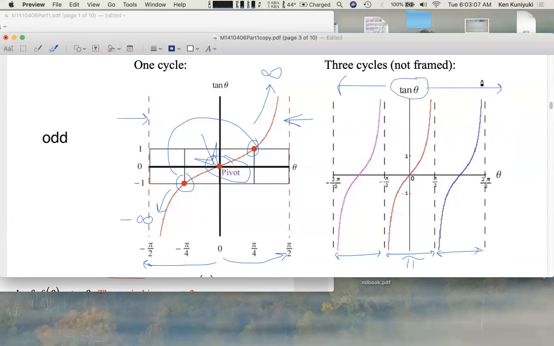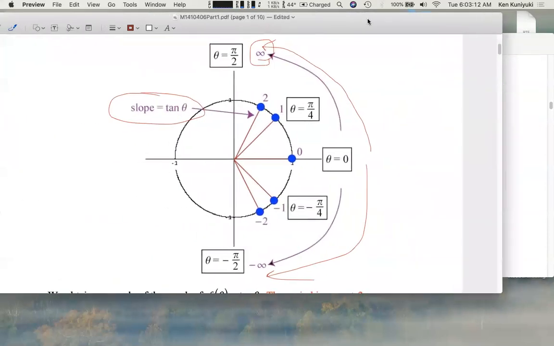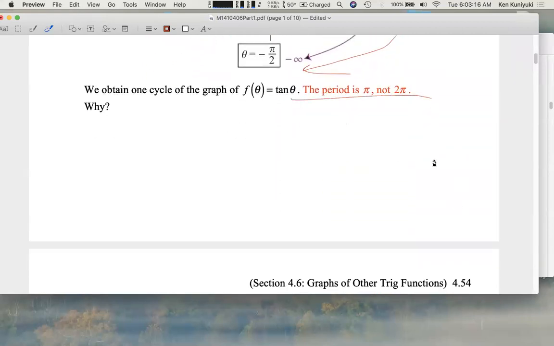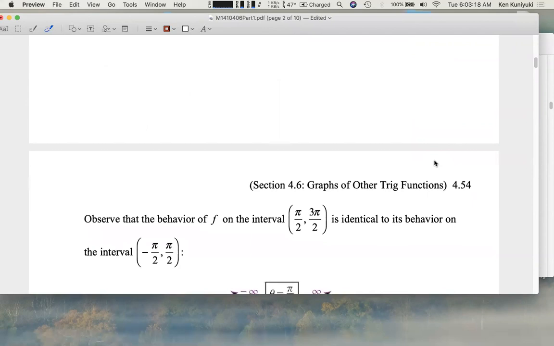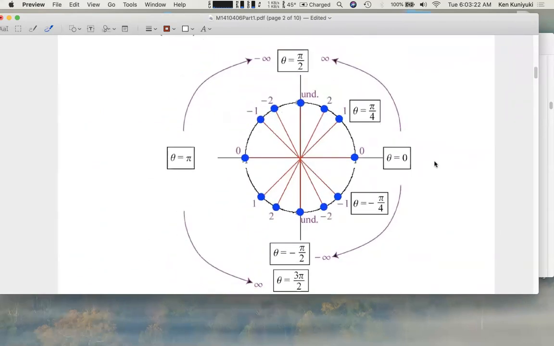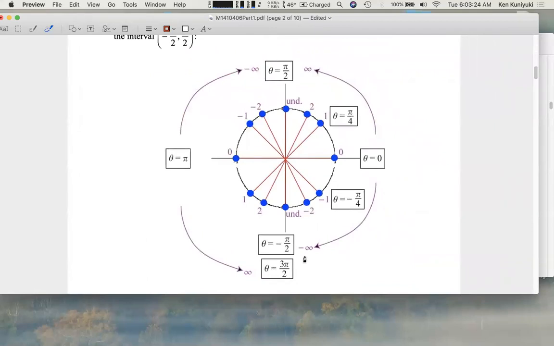What's another explanation for why the period here is pi? Well, look at the unit circle. Again, the period is pi, not 2 pi like before for sine and cosine. Well, look here. Think slope. Tangent is slope. As the angle theta goes from negative pi over 2 to pi over 2, what happens to the slope?